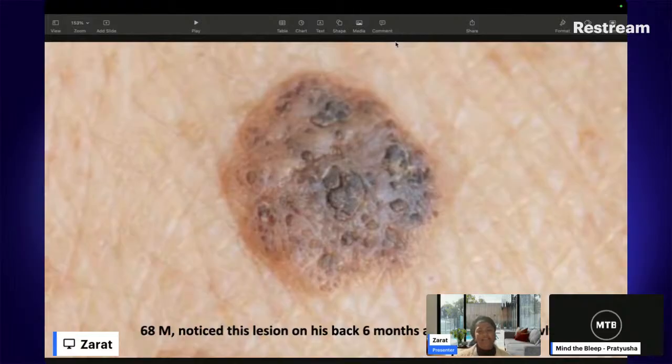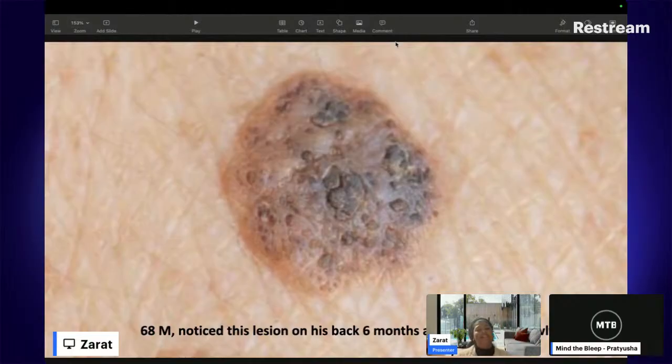So, the first case, this is from a 68-year-old man who noticed this lesion on his back 6 months ago, and it has grown slowly. Again, as we said, we are detectives and we're always looking for clues. So the clinical information gives us a lot of clues.